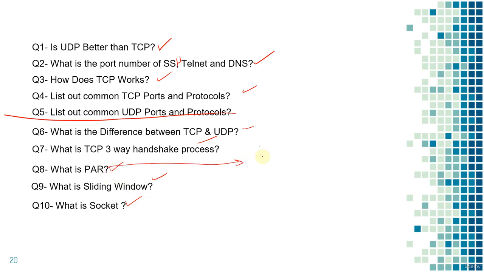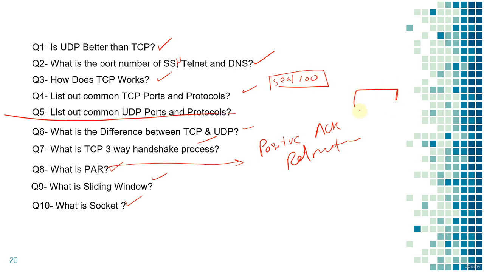PAR is positive acknowledgement with retransmission. You remember that if I send a sequence number, let's suppose I send sequence number 100 and the server is going to acknowledge with 101.